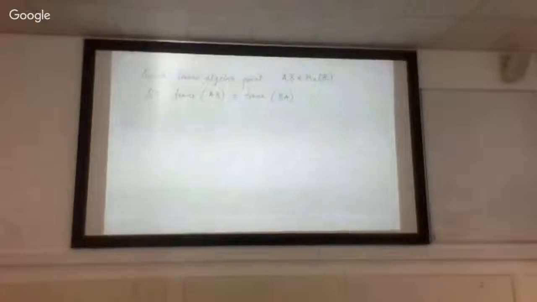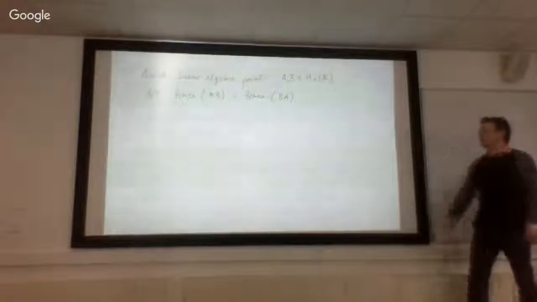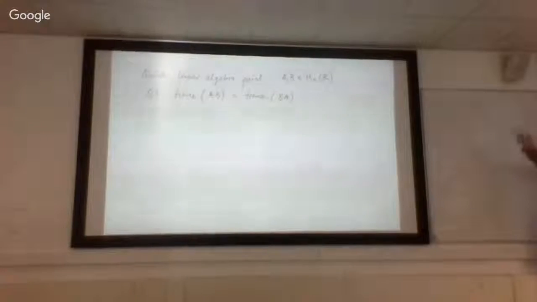This is the symmetry condition for the inner product of two matrices defined by the trace function.